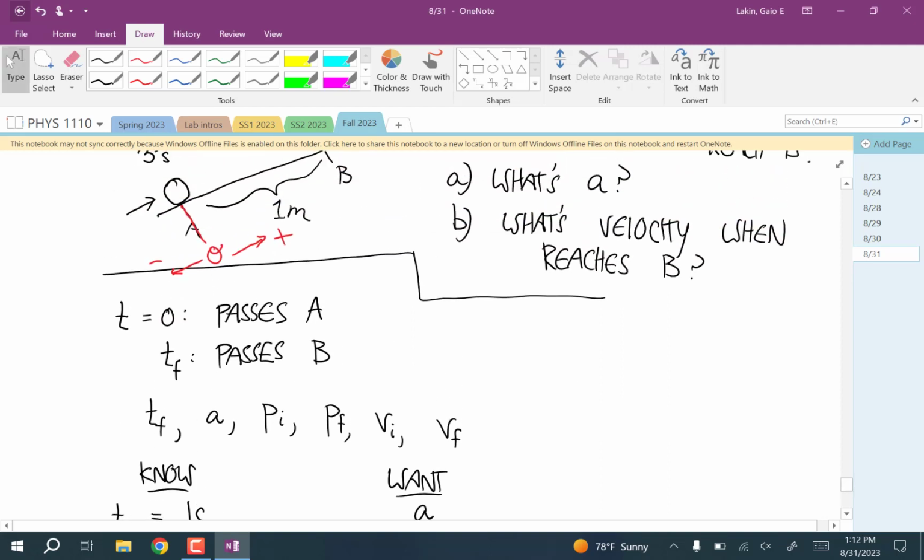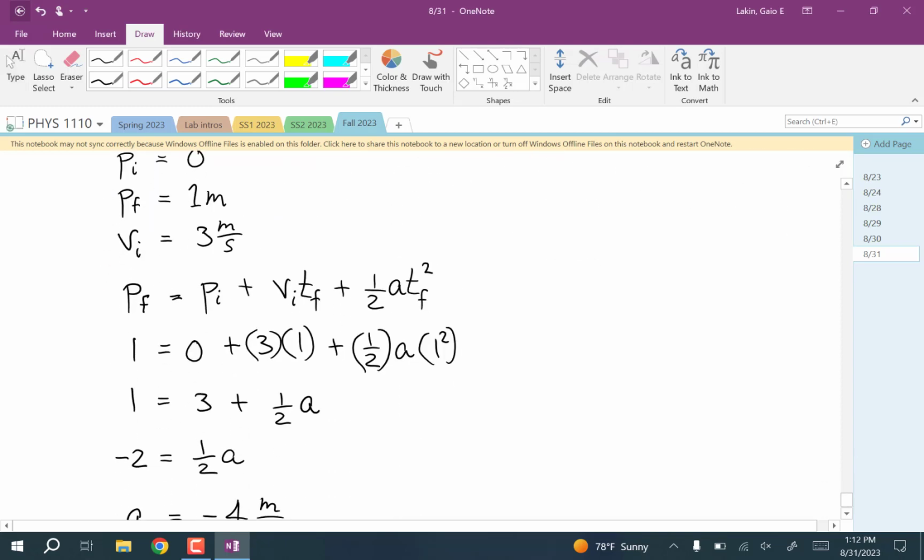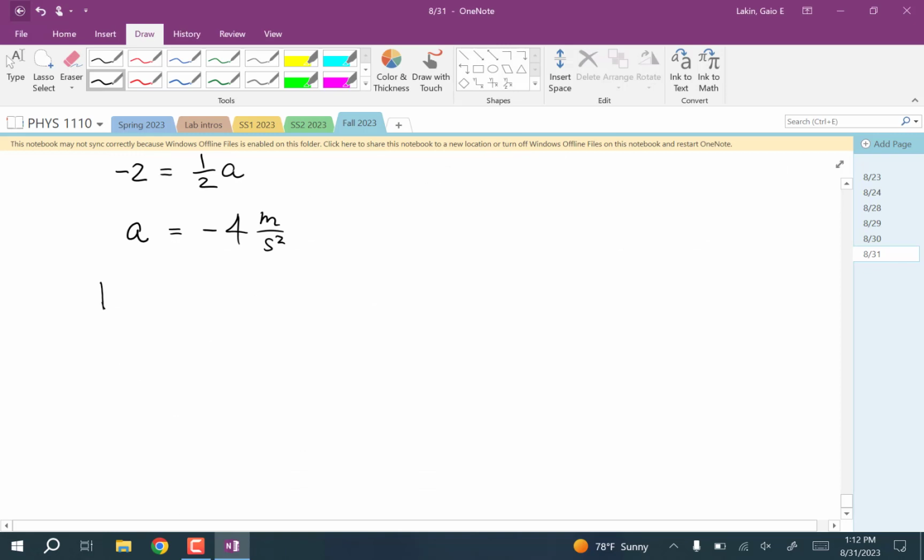The thing that we're trying to calculate still happens at one of our choices, so this will be perfect. Okay, so time final is 1 second.